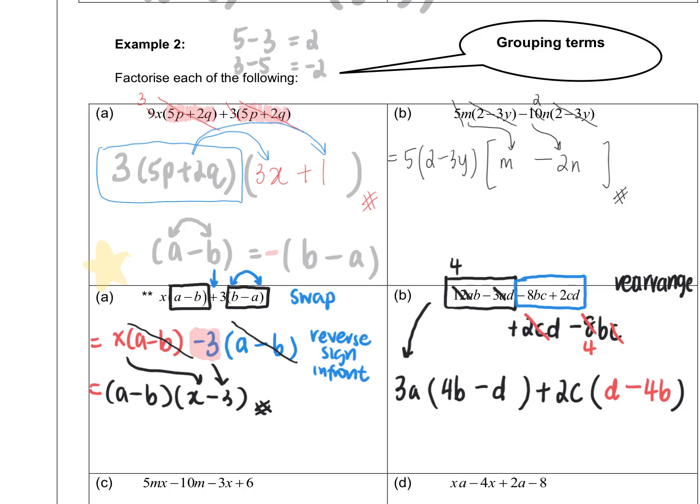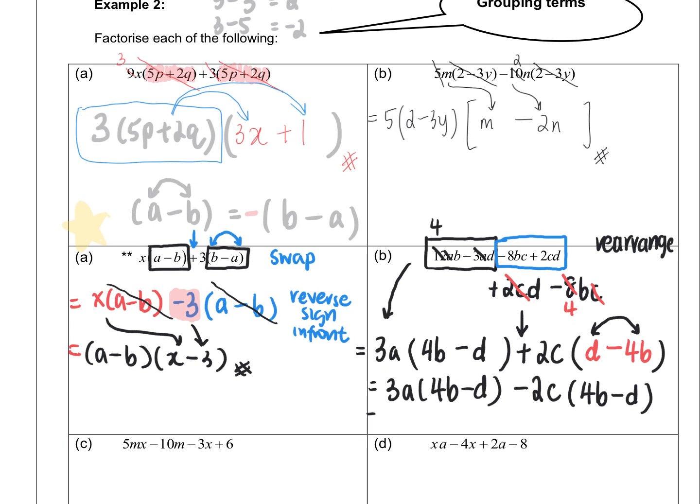Yes. You look at them, they are the same but different in the direction. So in order for me to make them the same, I swap this now. Right? I swap and then I need to reverse the sign of this. So now they are exactly the same. I can take out the common factor.